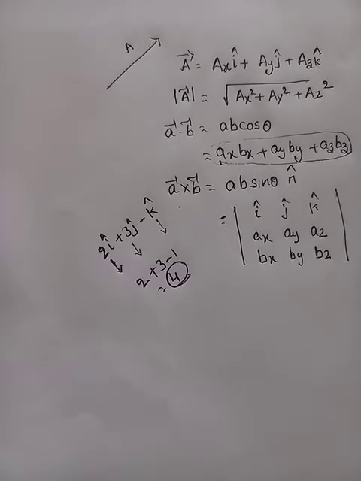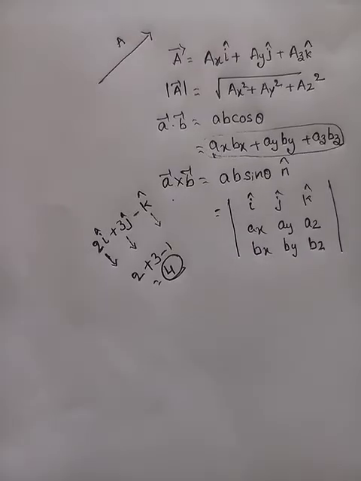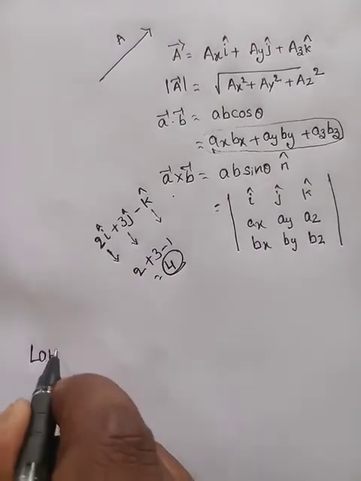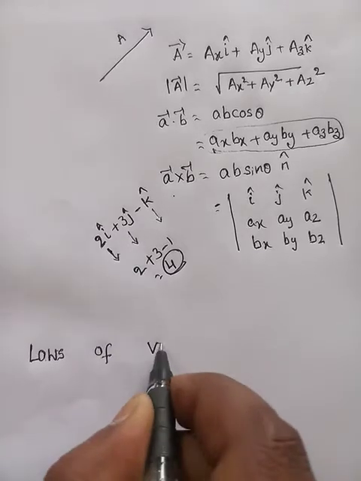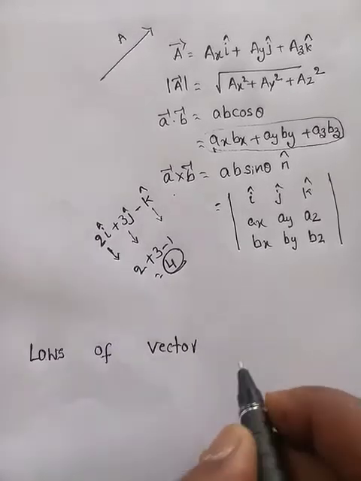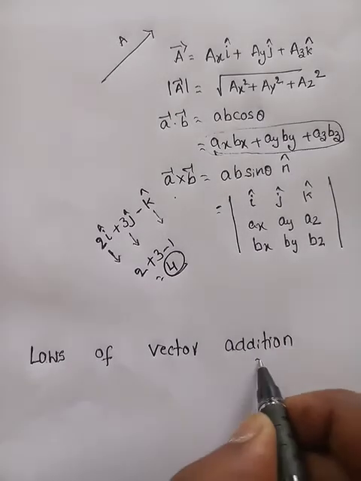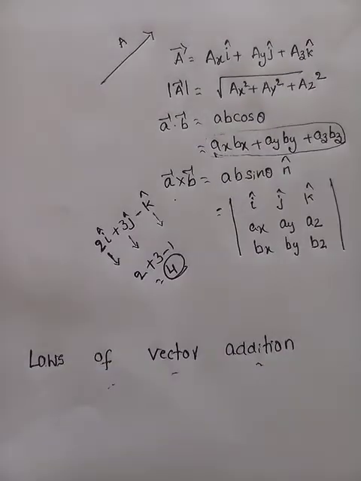We have vector addition or vector subtraction. So, we have different laws, those are called laws of vector addition. We have 2 laws which are helpful to add or subtract 2 vectors.